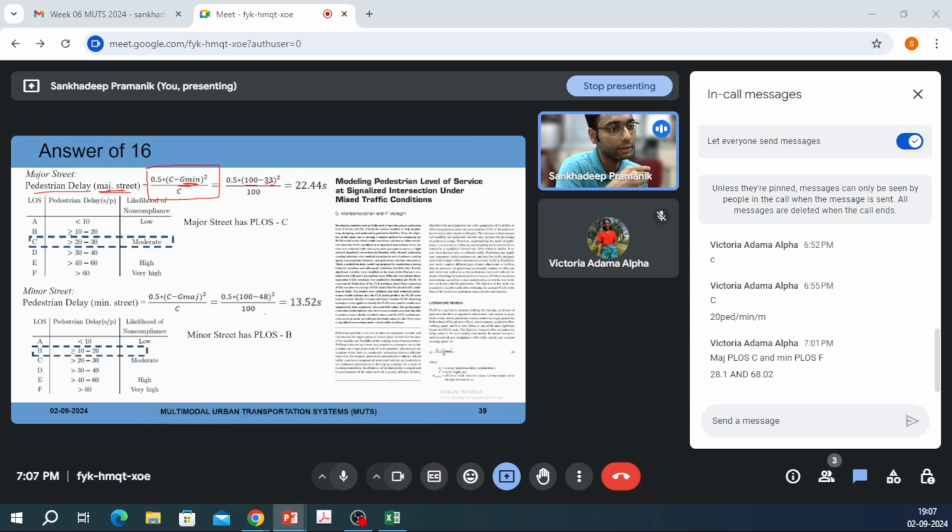So I will check this formula again with the Highway Capacity Manual, and then post it in the discussion forum. There might be some mistake in the formula given here, so we'll check that and provide it in the discussion forum.